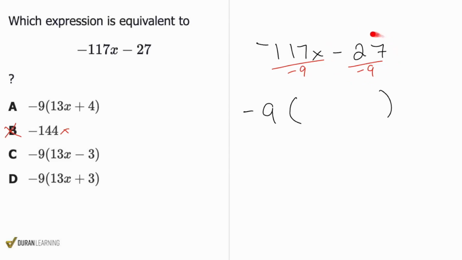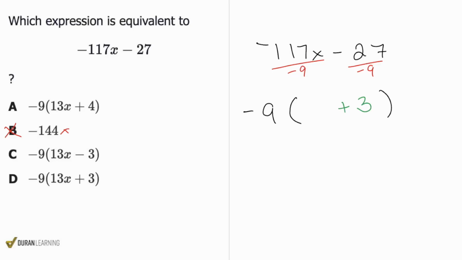What is negative 27 divided by negative 9? A negative divided by a negative is going to be a positive. And then 27 divided by 9 will be 3. So this problem is going to end in plus 3.